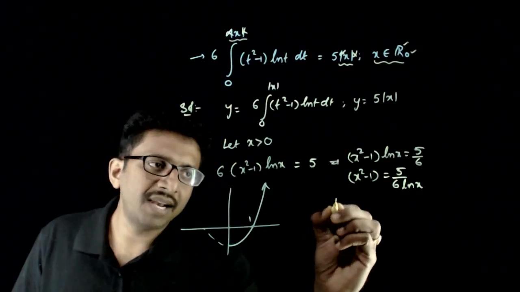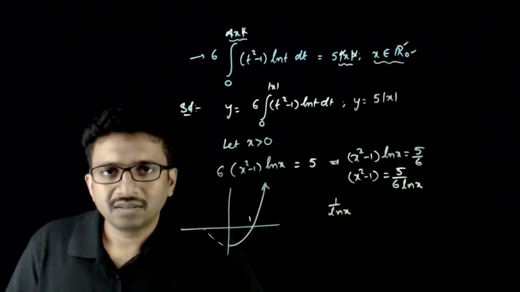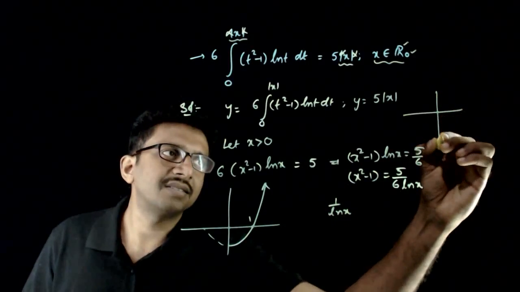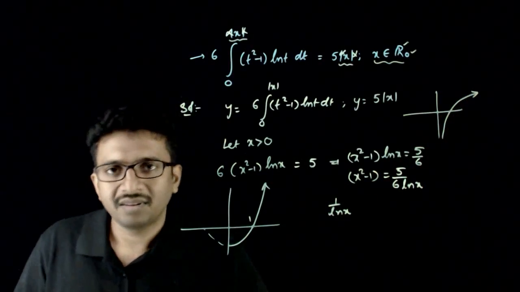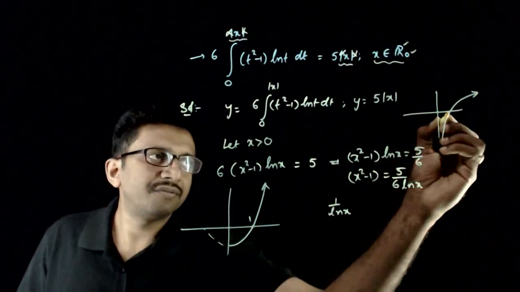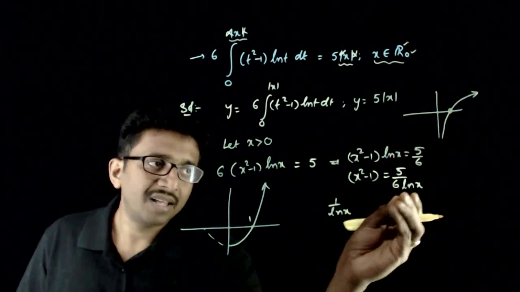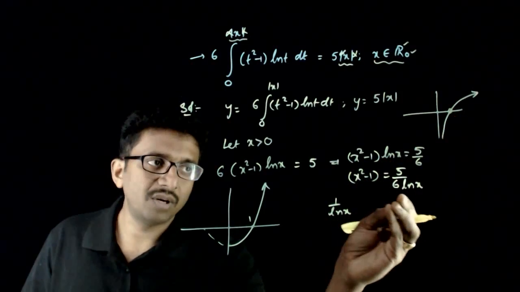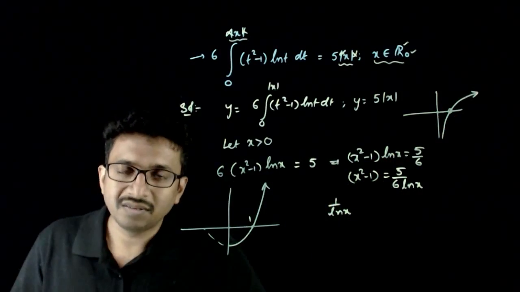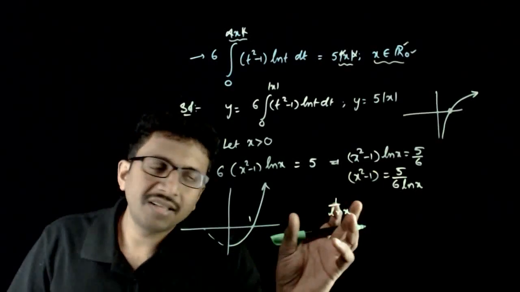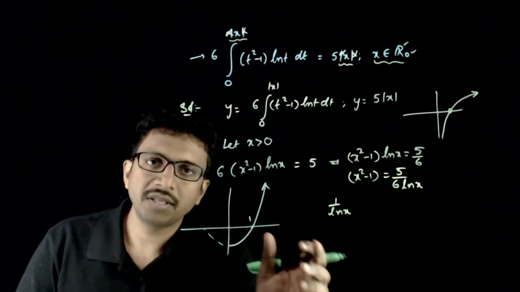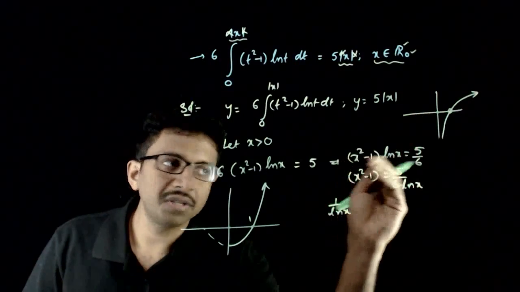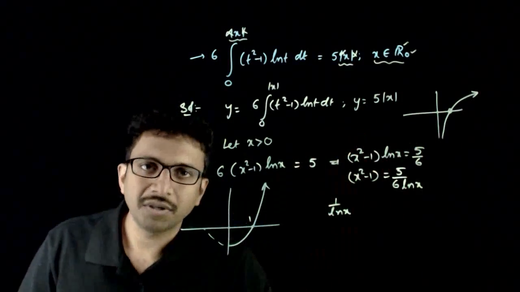And for 1 by ln x, we know that the graph of ln x looks like this. If x is equal to 1, log x is equal to 0. So how does the graph of 1 by ln x look? ln x becomes minus infinity as x tends to 0, so 1 by ln x has to tend to 0.